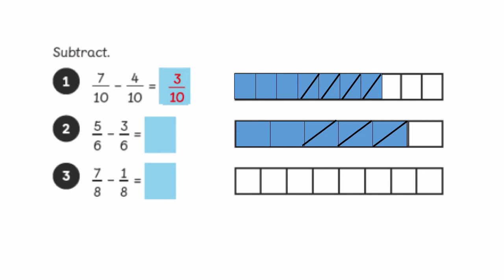It's going to leave me with 2. 2/6. And the last one. We've got a denominator of 8, so our bar is split into 8 pieces. Starting with 7/8, take away 1/8, and we are left with 6/8.